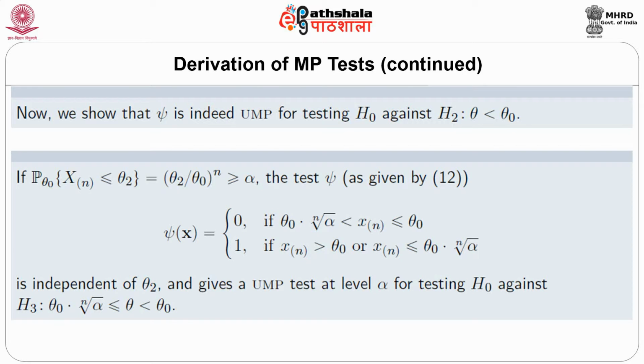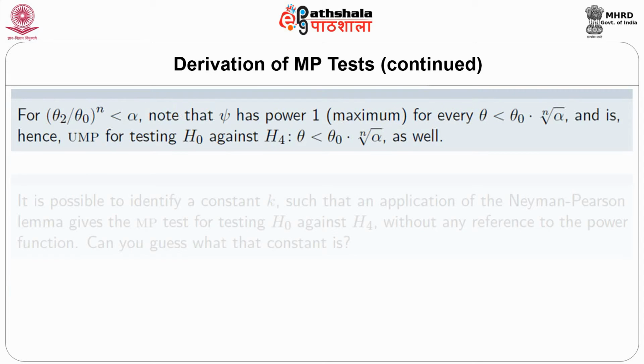Therefore, this phi star is uniformly most powerful for testing theta = theta naught against theta less than theta naught, but this theta 2 is definitely greater than theta naught alpha to the power 1 by n.